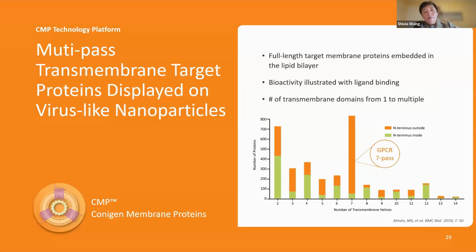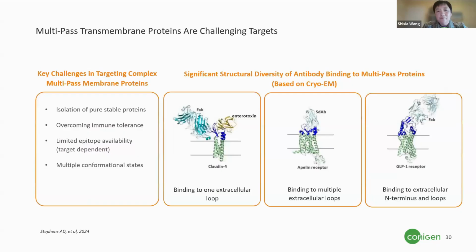In the next section, I'm going to talk about the multi-pass transmembrane protein targets. We display these on nanoparticles as full-length proteins. The multi-transmembrane proteins are even more challenging targets and more complex proteins. For antibody discovery, we need good antigens.